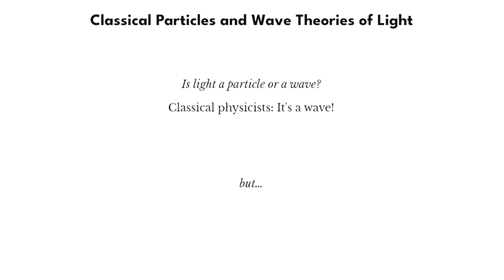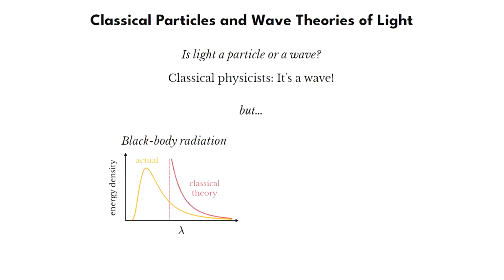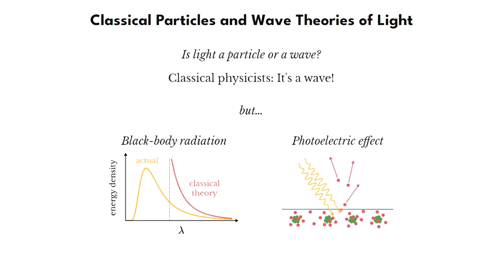But as time went on, they found something weird happening: black body radiation and the photoelectric effect. For black body radiation, the classical theory doesn't agree well with the experimental observation, as the energy density of the radiation exploded in the UV regime, which we know is not true.